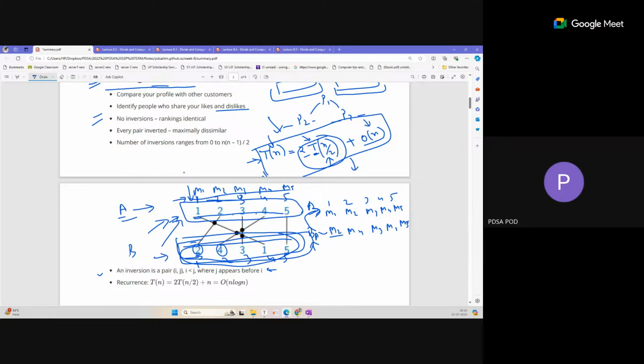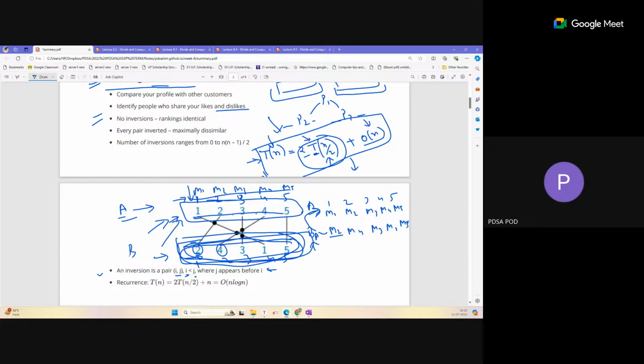So how can we find that? The definition of inversion pair is the pair i, j from the same ranking, where i is less than j, but j appears before i. That means a big value is coming before the smaller value.